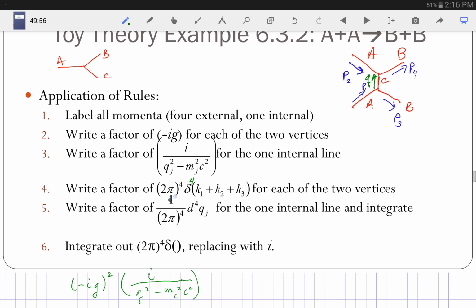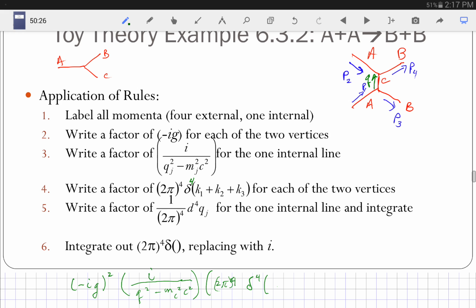The next step: write a factor of 2 pi to the fourth, delta to the fourth of k1 plus k2 plus k3, for each of the vertices. I have two vertices. Let's do the top vertex first. What's coming in?